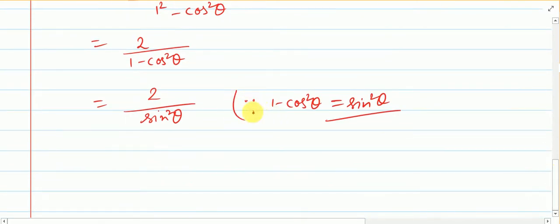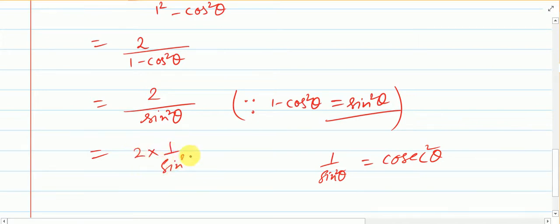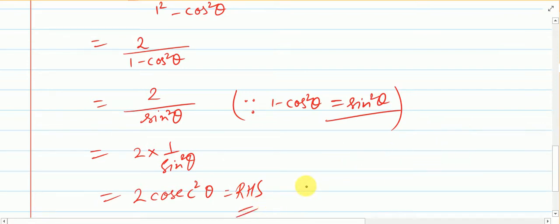Now next, you know that 1 by sin theta is equal to cosec theta. If you square both the sides, you are getting 1 upon sin square theta equal to cosec square theta. So here this can be written as 2 into 1 by sin square theta. So 1 by sin square theta will be cosec square theta, which is your right hand side. So it is proved.